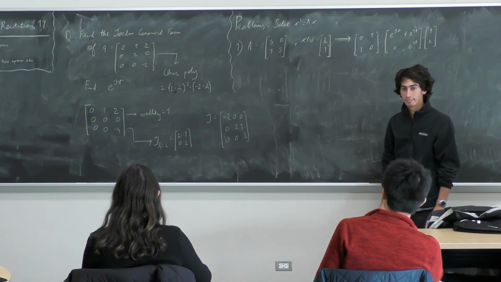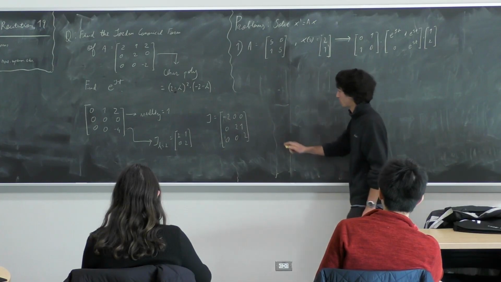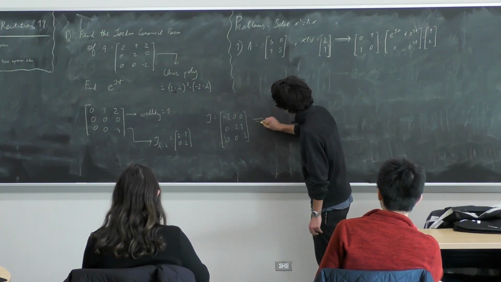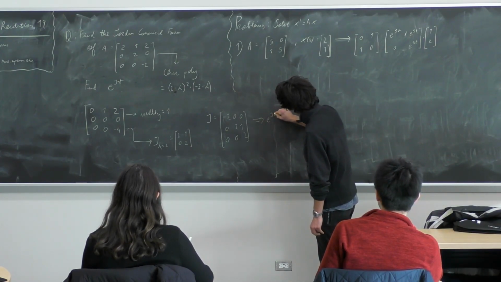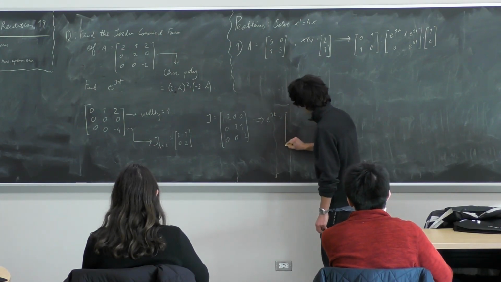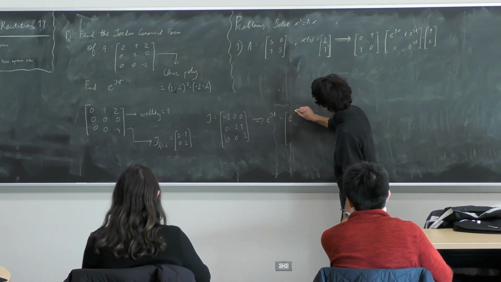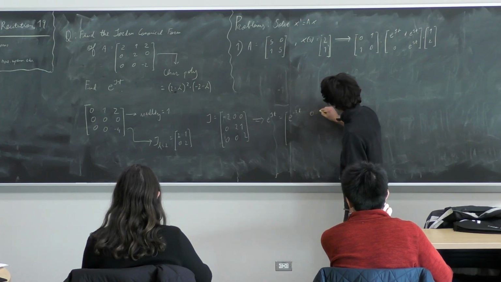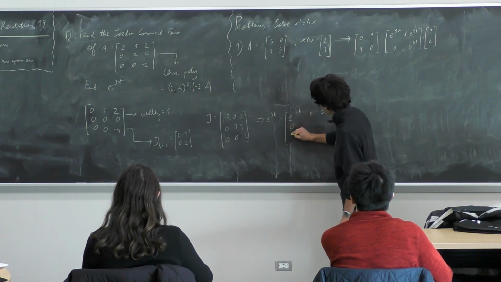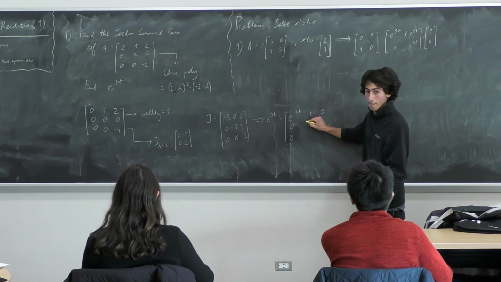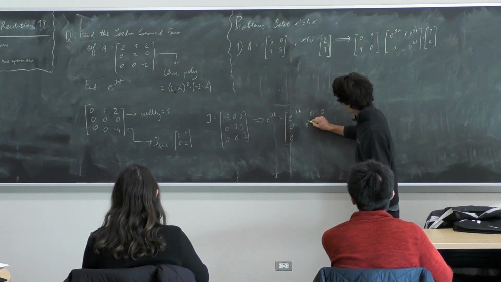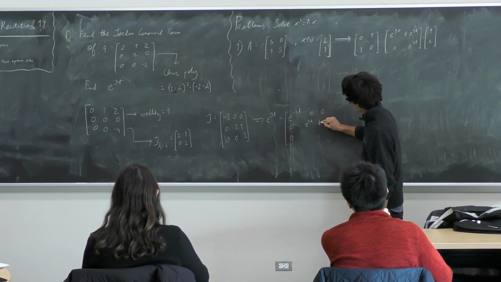It's e to the negative 2t, and then you have e to the 2t, and t times that.